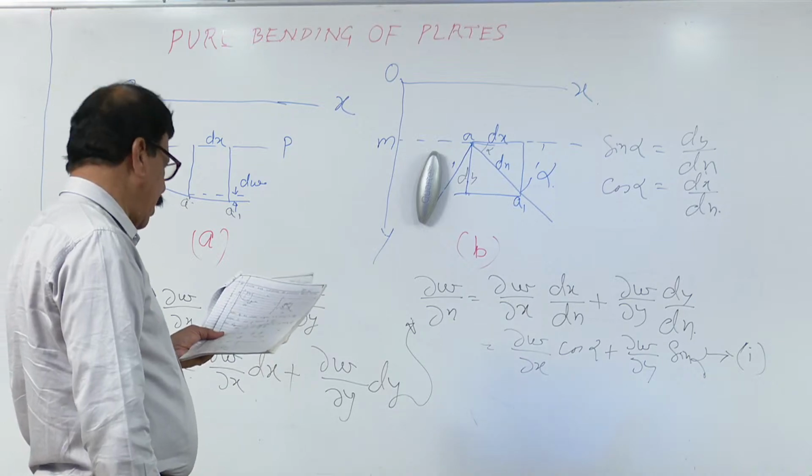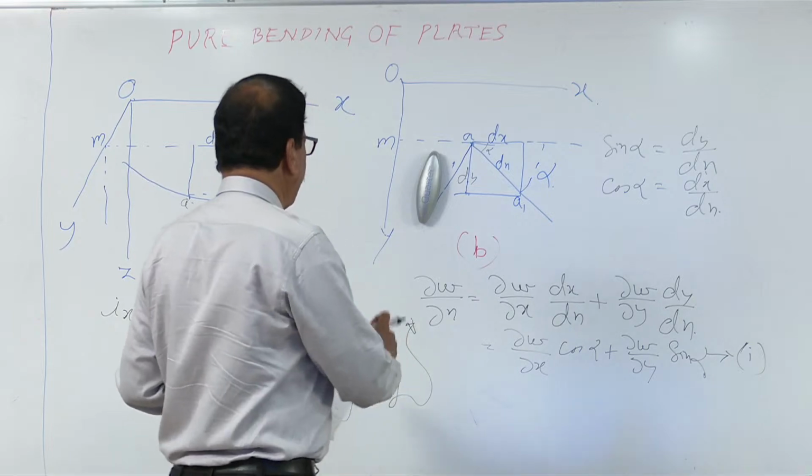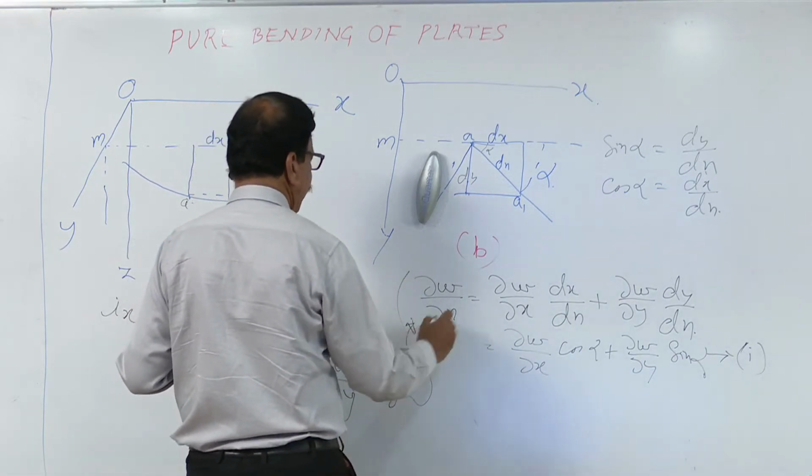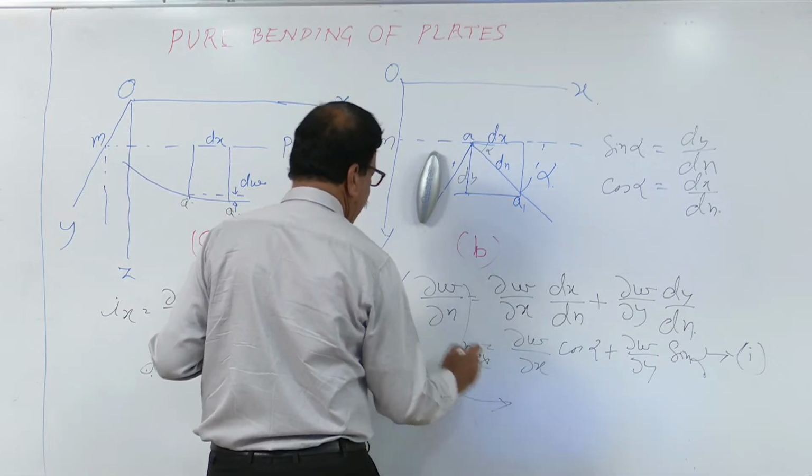To find the angle alpha such that del W by del N is max, you write in the next step.